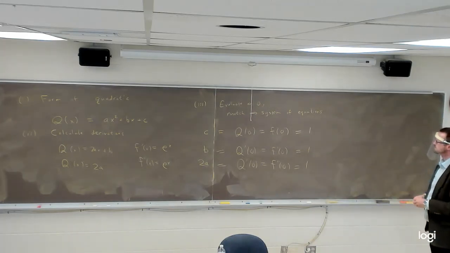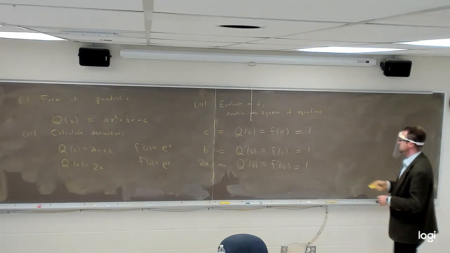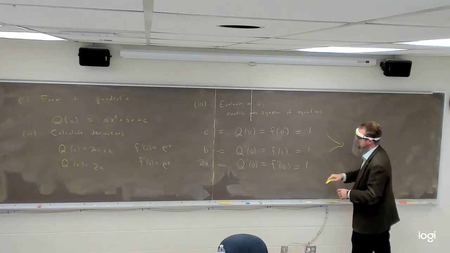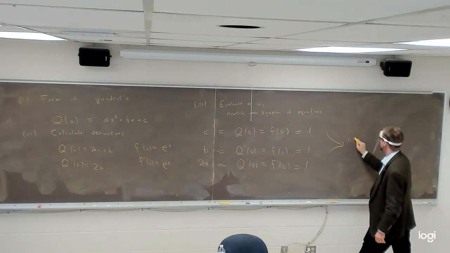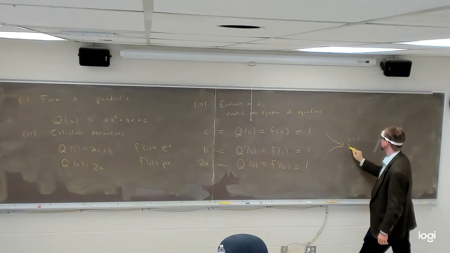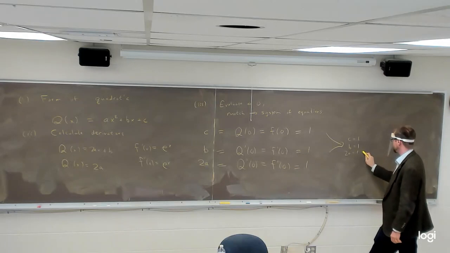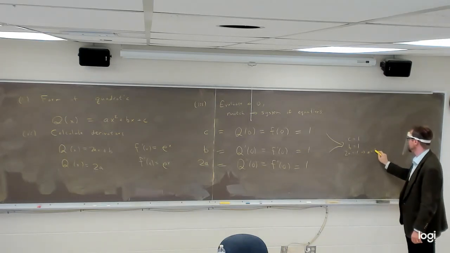Okay, so my system of equations, if I want to compress this, these middle terms were part of the logic, but the punchline is c is 1, b is 1, and 2a is 1. And of course, I can take that one step further to say that a is a half.